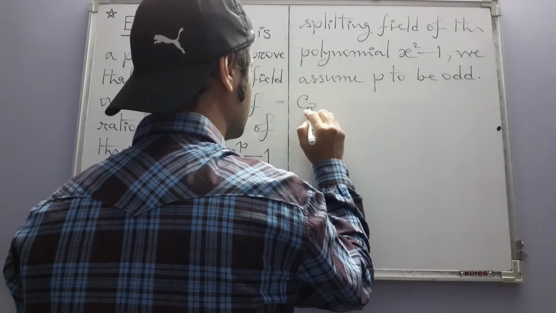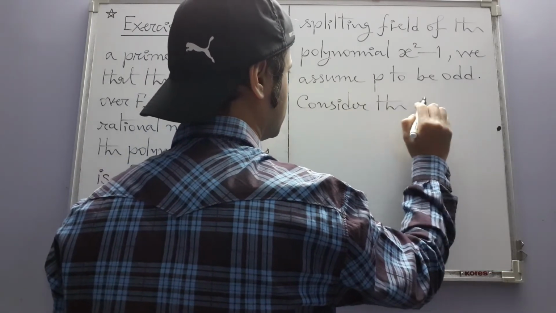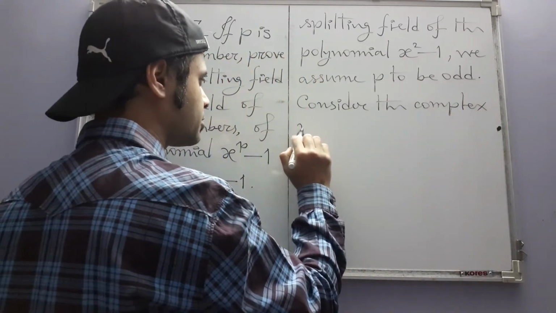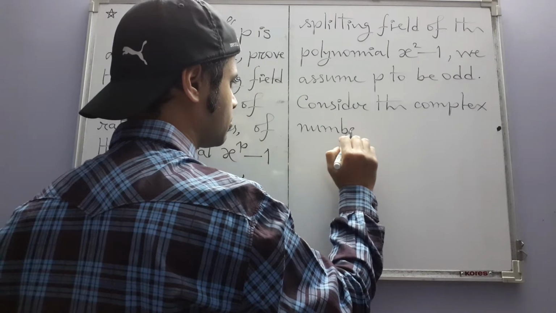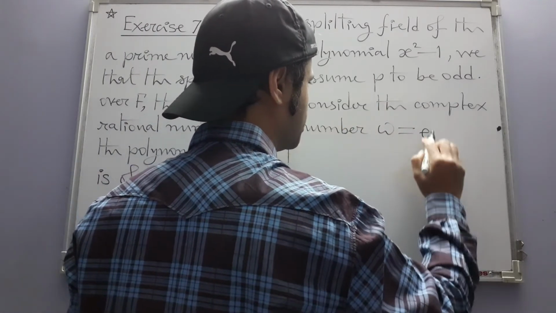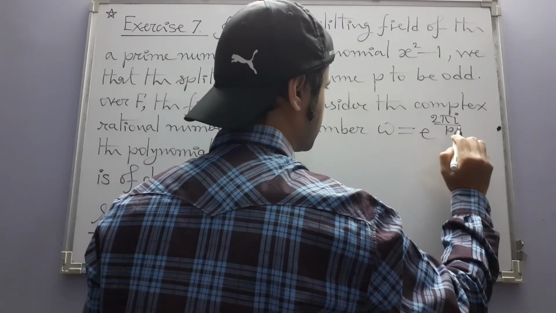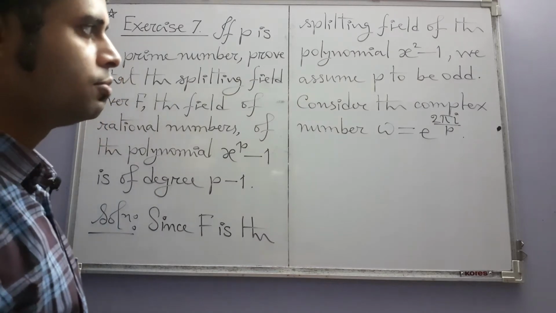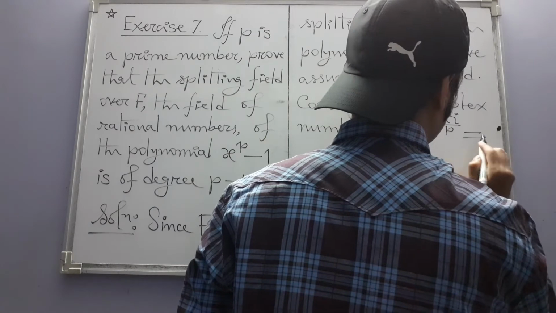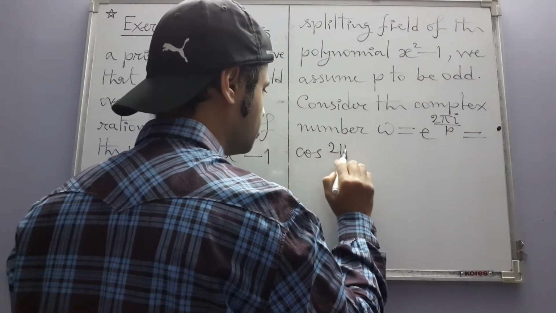Now consider the complex number omega, which is this complex number e to the power 2 pi i divided by p. In other words, it's just this complex number with absolute value 1.